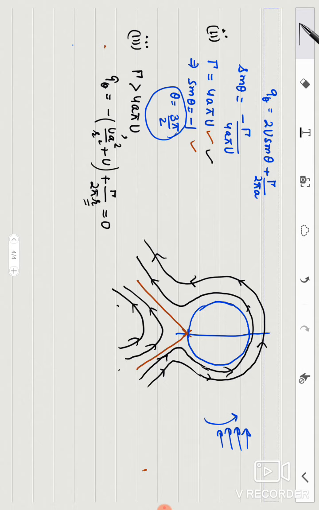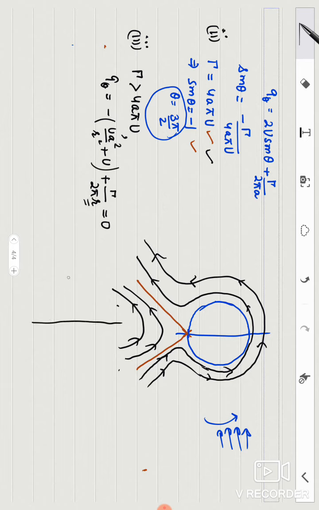This stagnation point cannot lie on the surface of the cylinder because now your r is greater than a. This gives a non-permissible value of sine theta. Sine theta lies between minus 1 and 1, and it is giving sine theta less than minus 1. So it is an imaginary point.